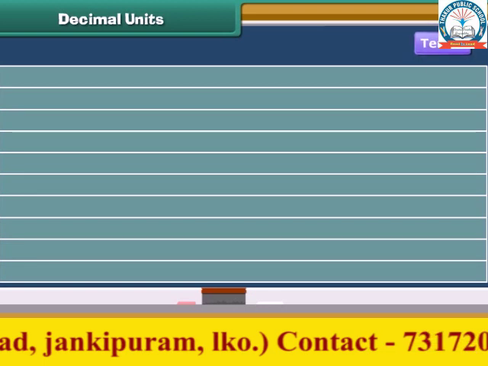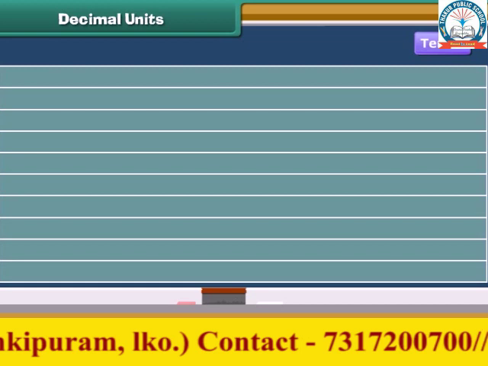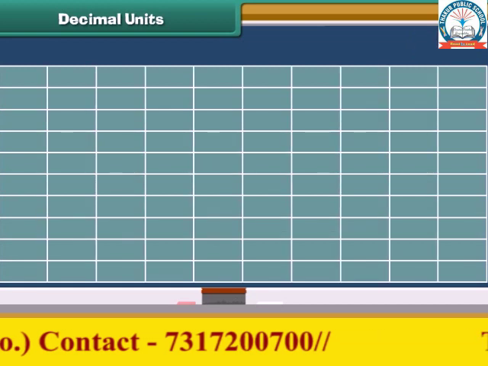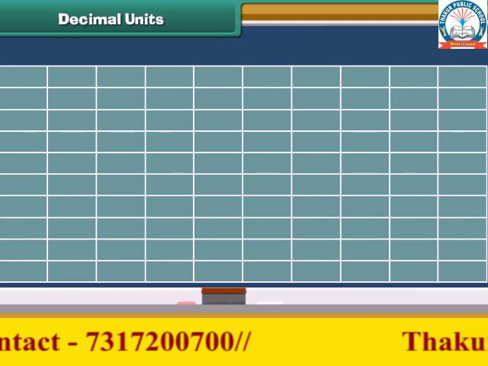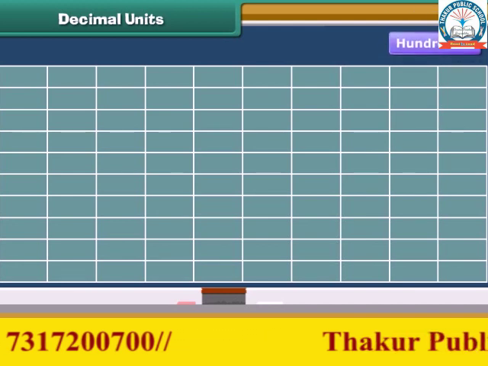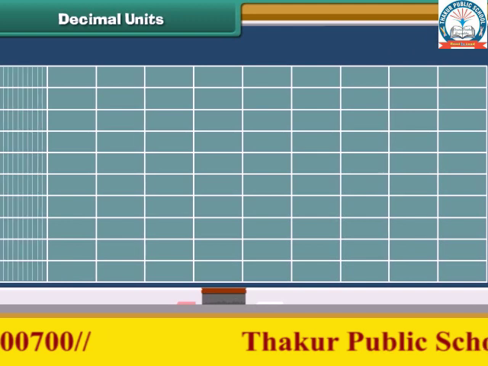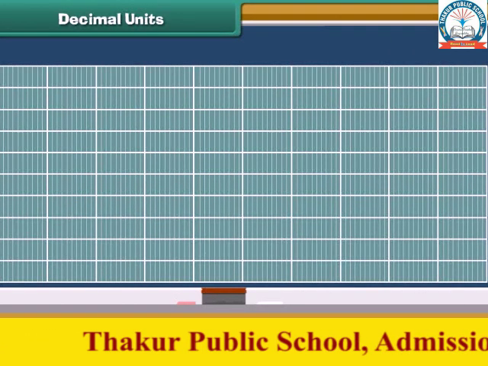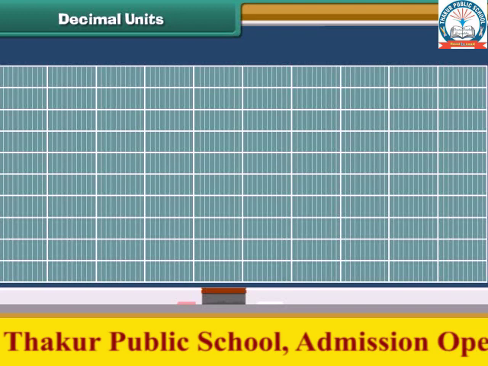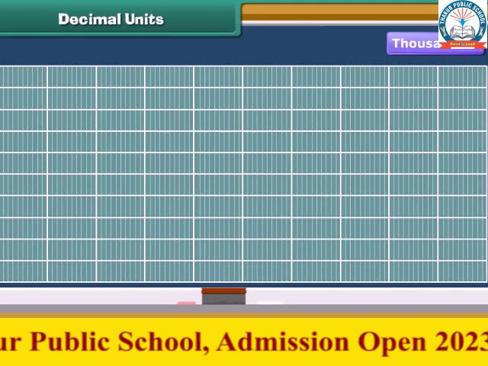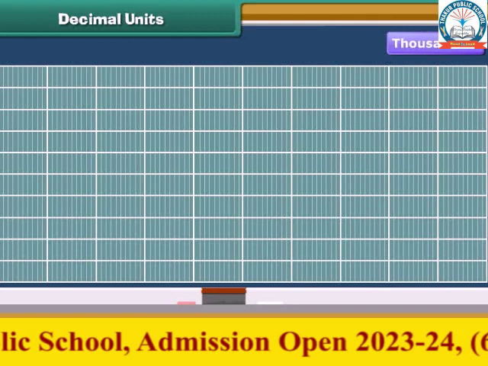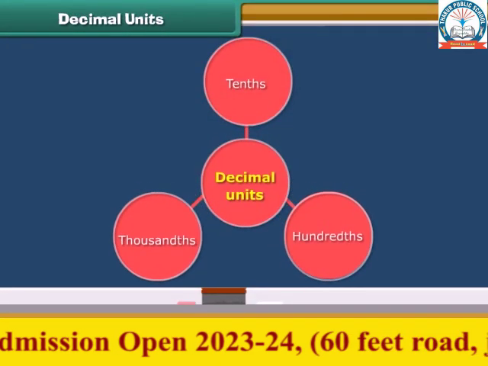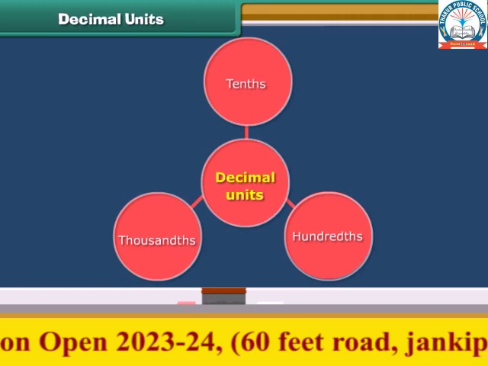Now, if we divide those rectangles into 10 smaller rectangles, then we have 10 times 10 or 100 parts of 1, that is hundredths. Dividing those rectangles into 10 smaller rectangles, we have 10 times 100 or 1000 parts of 1, that is thousandths. So, the fractions tenths, hundredths, thousandths are called decimal units.